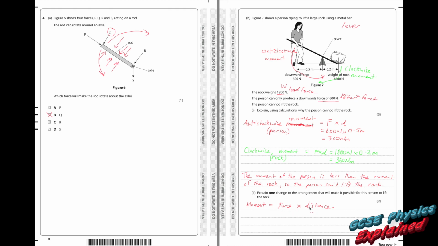So we could get her to increase the distance. Look at all that extra rod that she's not using, the extra lever there. If she was to push further on the end, then that would increase the distance to the pivot, and that would increase her moment.